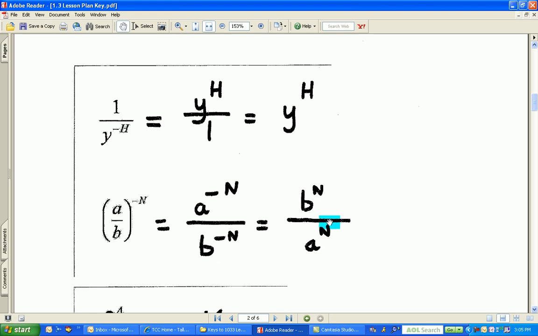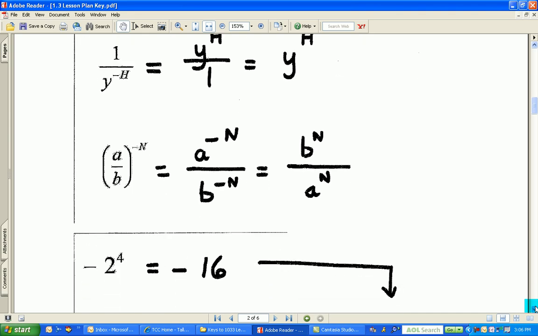And then notice how I got my final answer. b to the opposite of n on the bottom, from the denominator, now in the numerator you see b to the n, and analogously a to the opposite of n from the numerator appears now in the denominator as a to the n. Let's see what else we have down here.